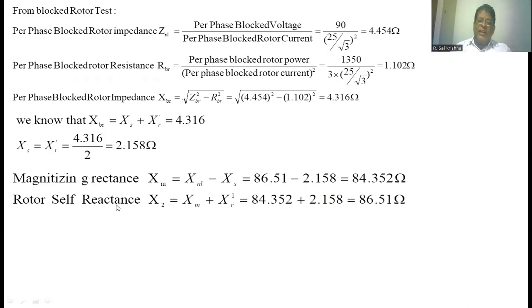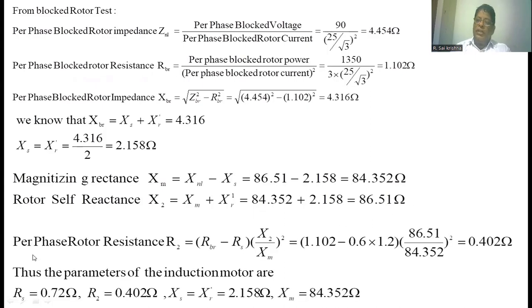Now rotor self reactance X2 equals X_M plus X_R dash. Substituting all the values, we get 86.51 ohms. From the blocked rotor test, we know the formula for the rotor resistance: per phase rotor resistance R2 equals (R_BR minus R_S) into (X2 by X_M) whole squared, where X2 is the rotor self reactance, which we already calculated. Substituting all the values, we get 0.402 ohm.